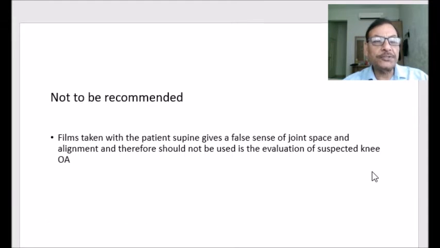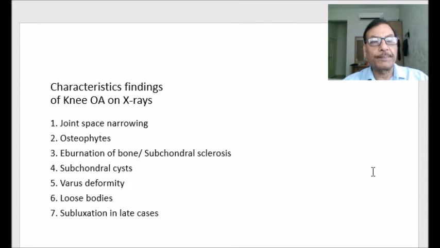One must remember that films taken when the patient is lying down supine give a false sense of joint space and also the alignment, and should never be accepted. It is not used in the evaluation of any suspected case of osteoarthritis of the knee.